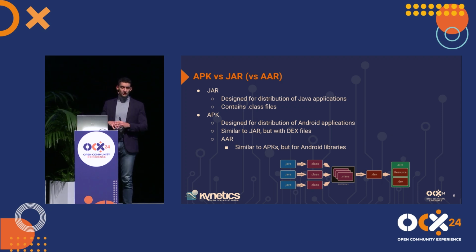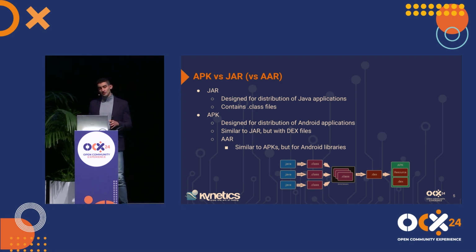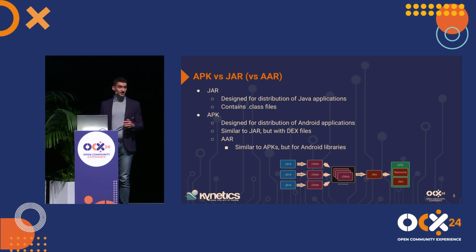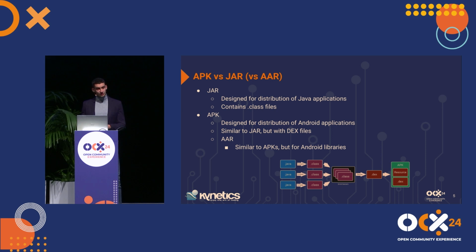Jar files are basically containers of the bytecode, so of many class files, and they also contain some resources, but the structure of jar files is not that strict. We can have resources placed, for example, at the root directory of the jar, which is forbidden, for example, on Android. So on Android, we use APKs, which are somehow similar to jars, but with a more strict structure.